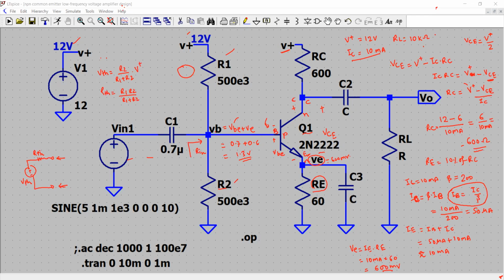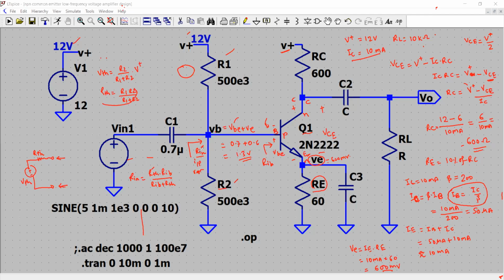Rin can be written as RTH times RIB divided by RIB plus RTH, where RTH is this resistor and Rin is the input resistance of the circuit, while RIB is the resistance looking into the base, not Rin.